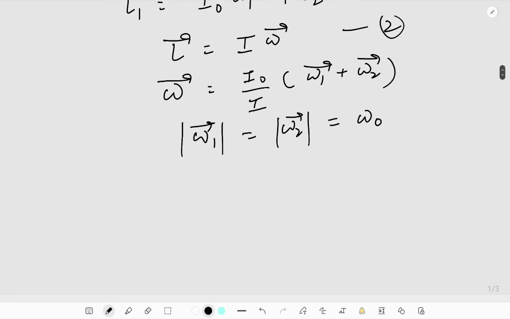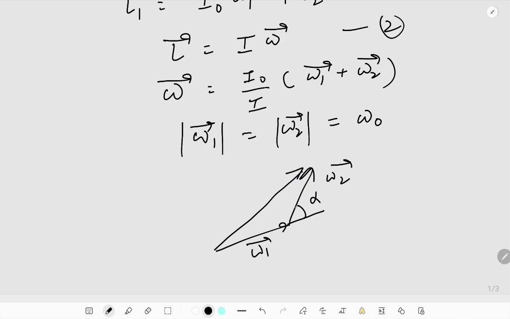So you can convince yourself that you have two vectors having an angle alpha between them. These are the first vectors, omega 1 and omega 2, and their sum will be like this.